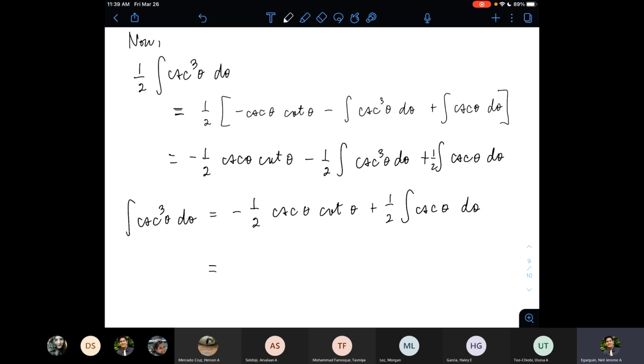Do you guys remember what is the integral of cosecant theta? I guess for that we have a formula. This is ln of the absolute value of what? Let me double check.